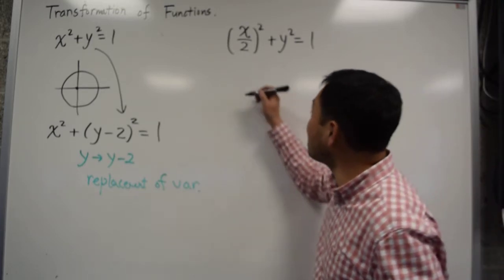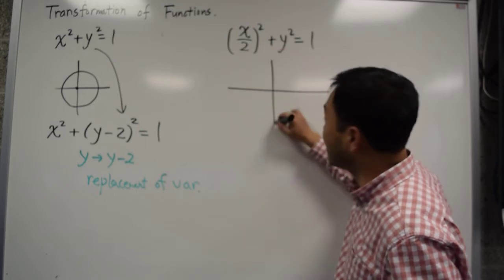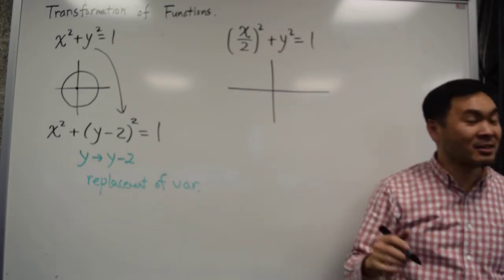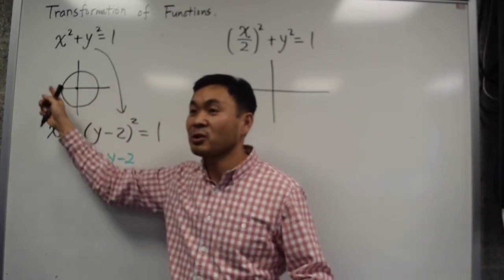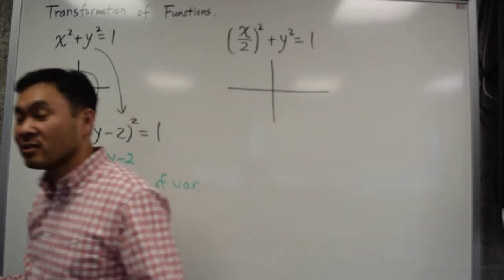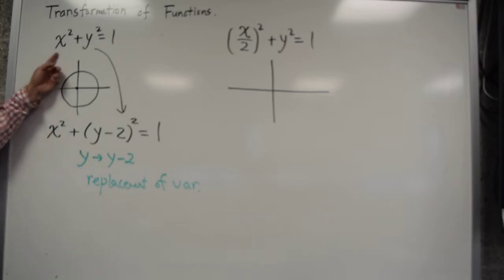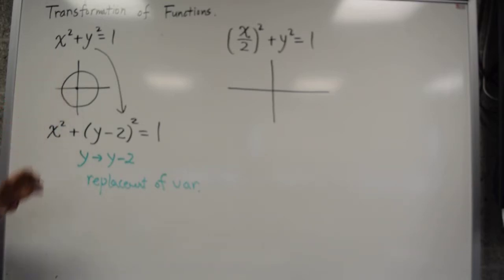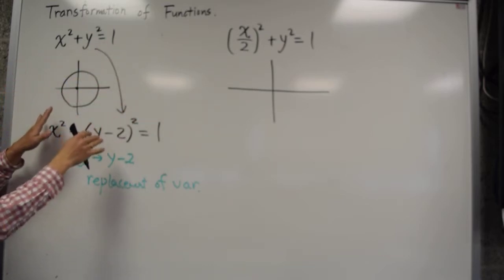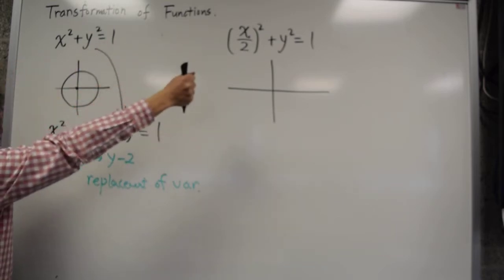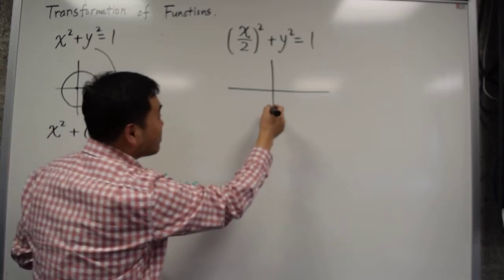So what do you think the graph would be? Doubling in which direction? x is being replaced. So you take this, think of this as drawn on a rubber plate, and you stretch it, and then you get an oval.